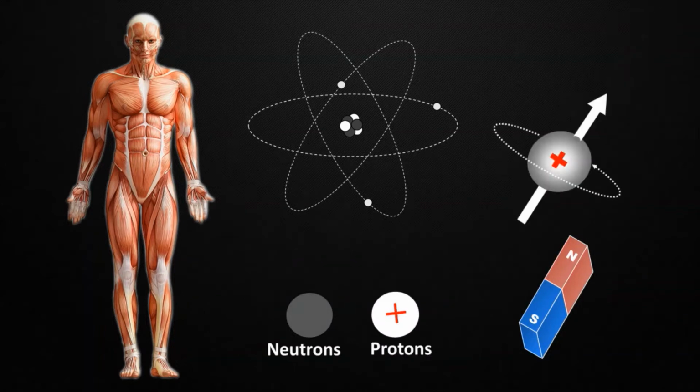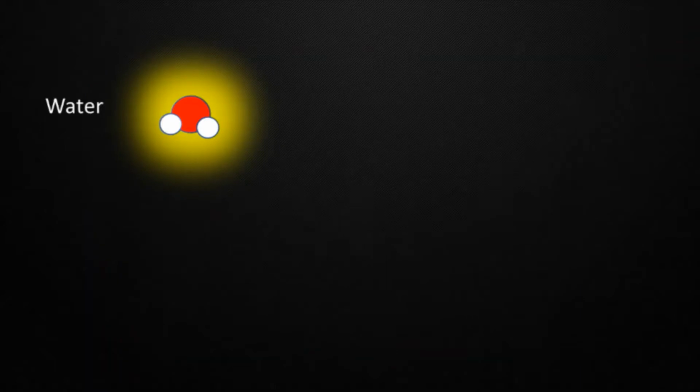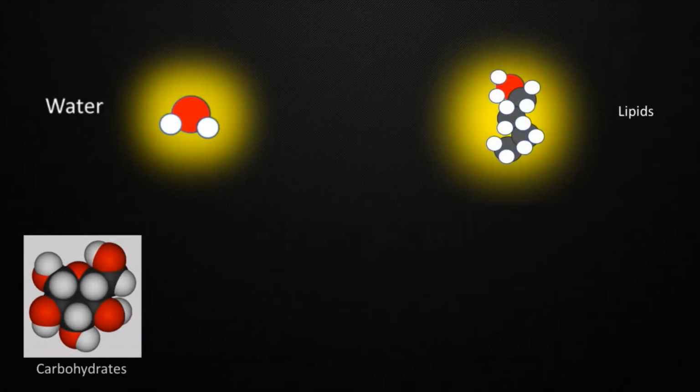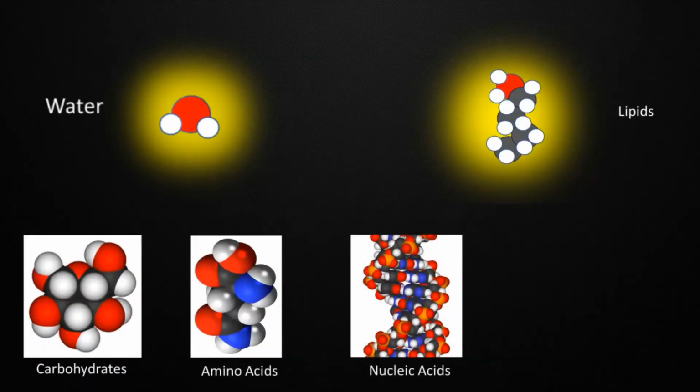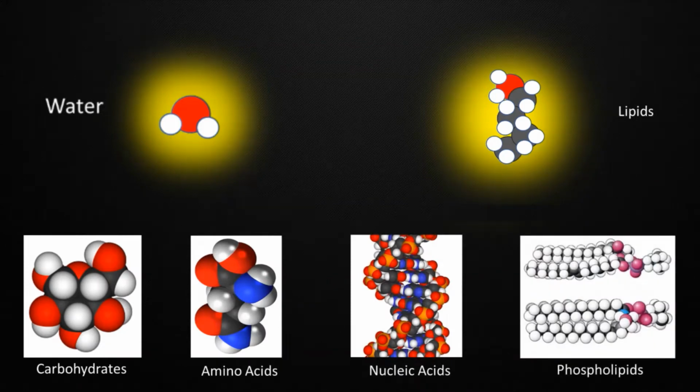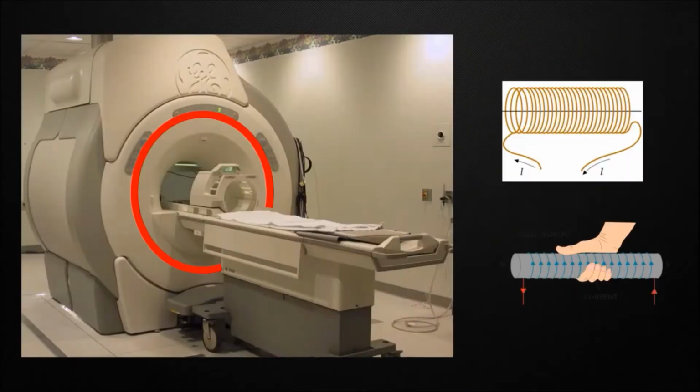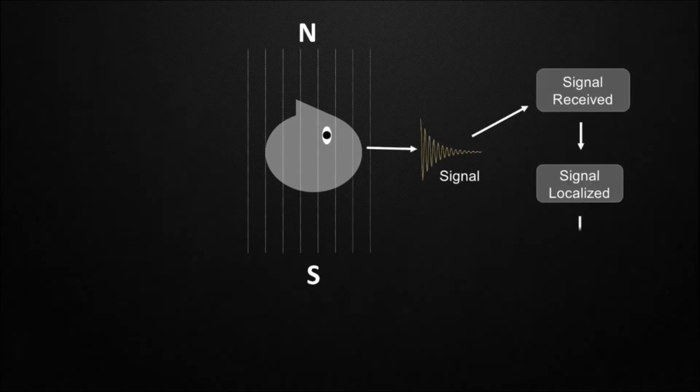The hydrogen nuclei constituting the various structures of the body, present in the water molecules, fat molecules or macromolecules with or without contrast agents, are placed in a powerful magnetic field generated by a superconductor solenoid. On being placed in this external magnetic field, the protons enter the excitation and relaxation phase, thus emitting NMR signals which are processed to form a magnetic resonance image.